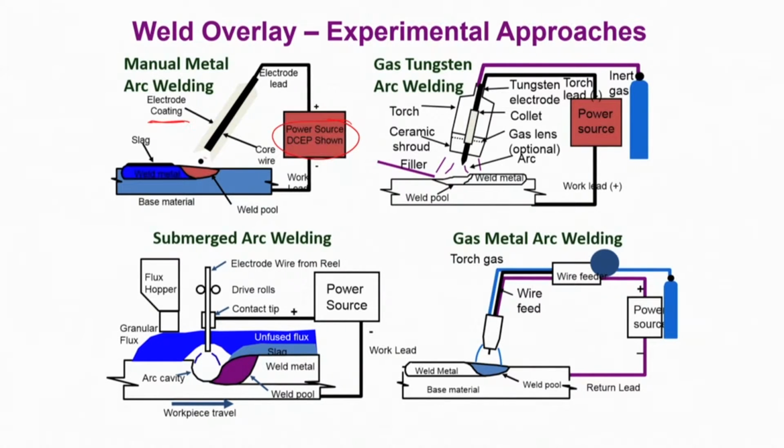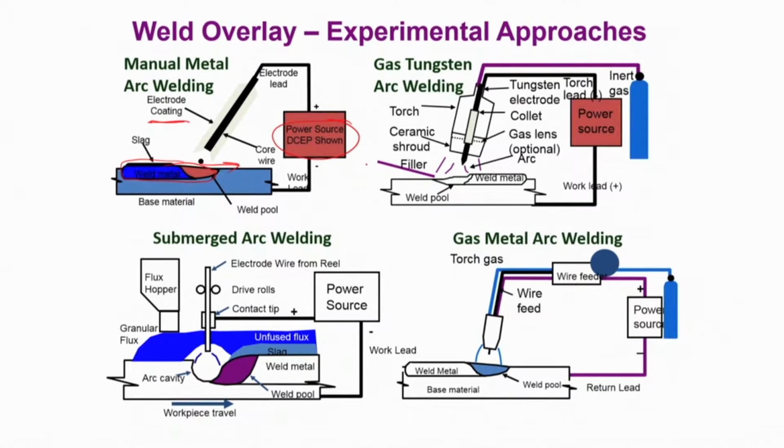So these coating metals get molten and the droplet is deposited onto the surface. This is how you form a weld overlay, and as you move, you can cover a much wider surface area.